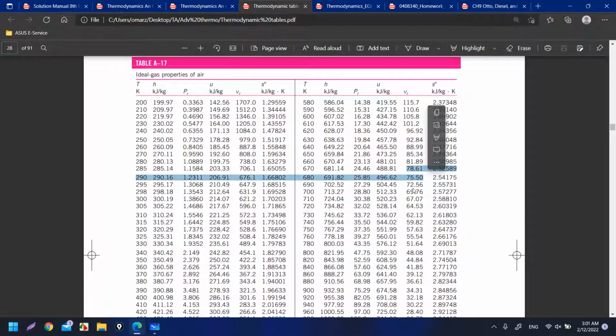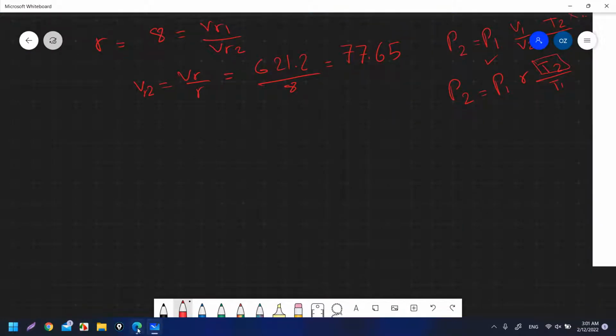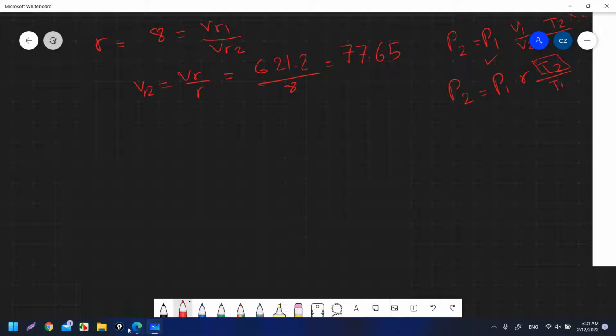We know vr2 is between them, and so T2 is between 670 and 680, and I will also find u. Why u? You will see later that we will need it. Usually in every state you have to find everything. So let's find T and u, using vr that we know. Let's make the table for interpolation.